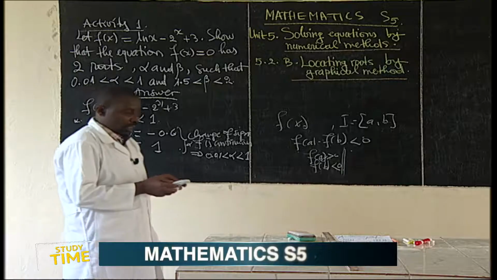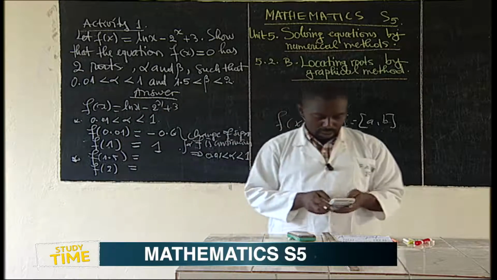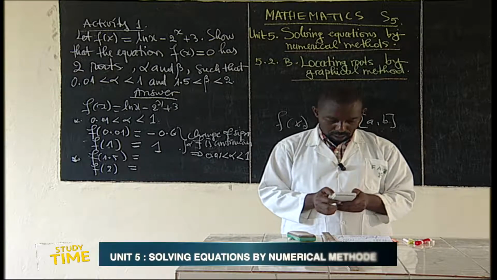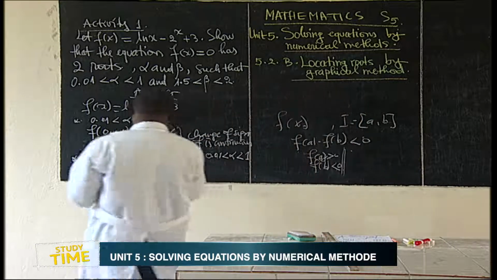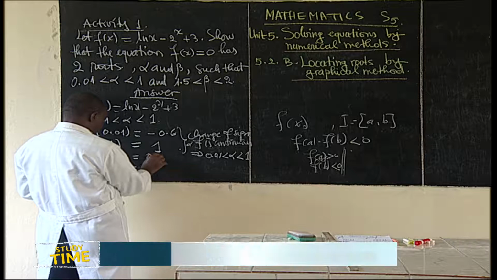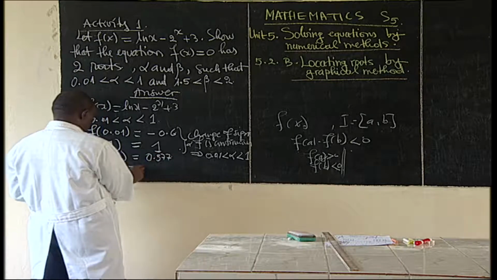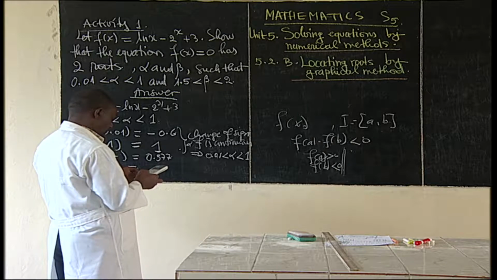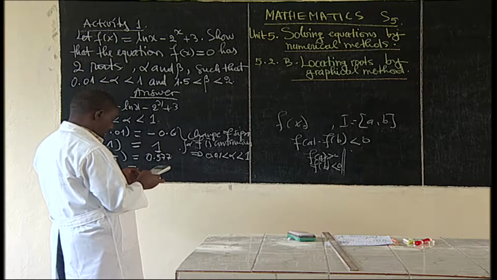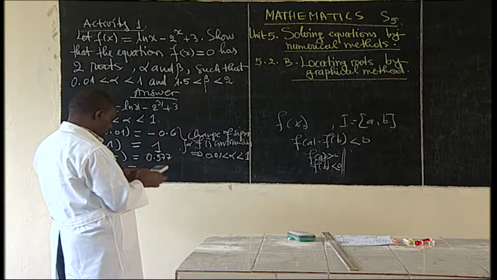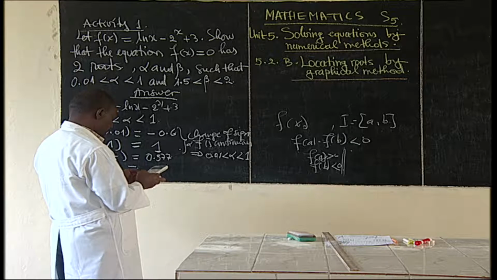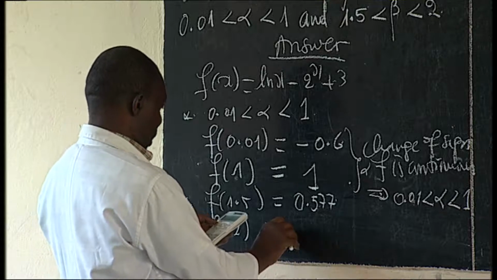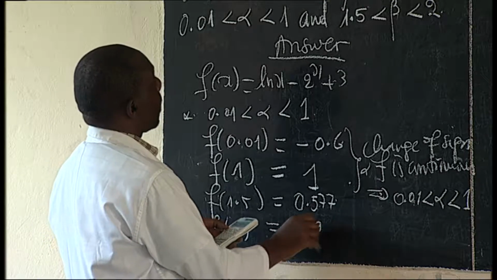You calculate. I get 0.577, and for 2, minus 2, so 8 plus 3, minus 0.9.